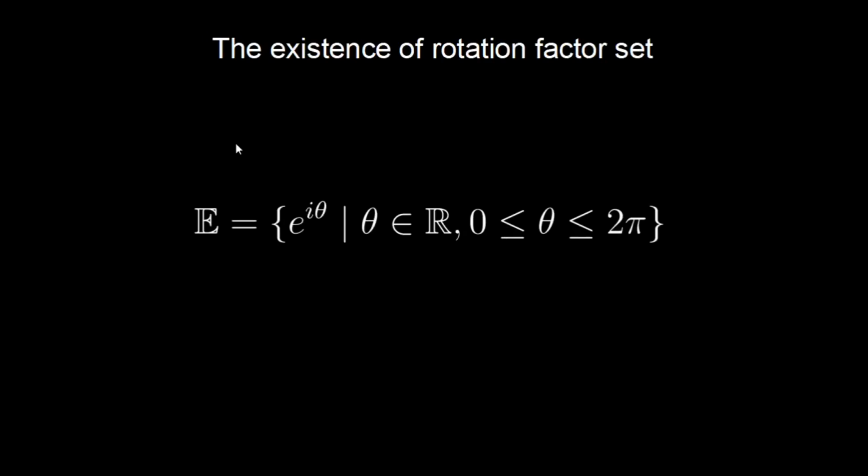The rotation factor set E is formed by all rotation factors. Here, rotation angle theta is a real number, and the value range of the angle theta is greater than or equal to 0 and less than or equal to 2 pi.